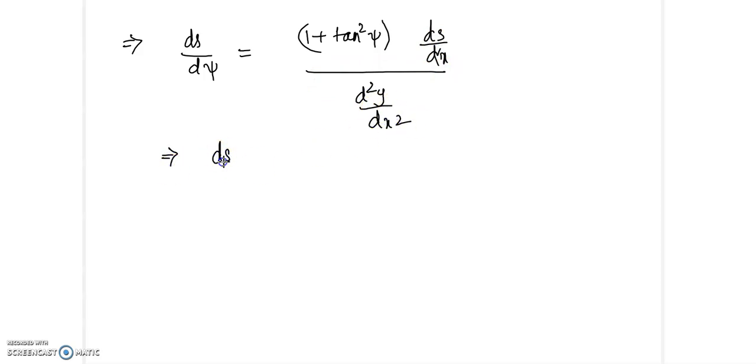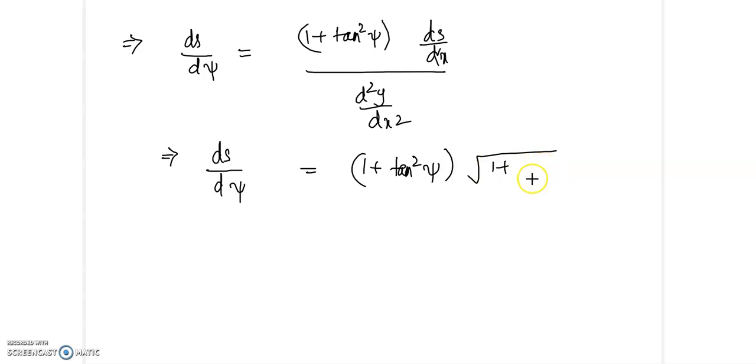So therefore ds by d psi will be equal to 1 plus tan square psi into ds by dx, which is root of 1 plus dy by dx whole square.